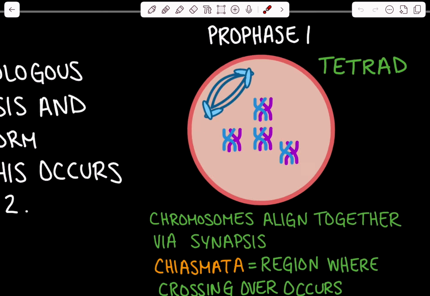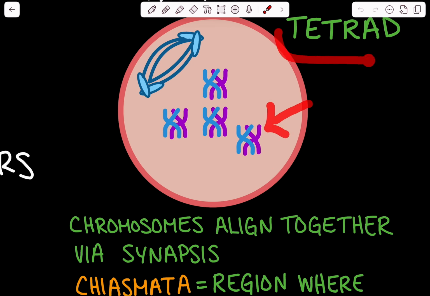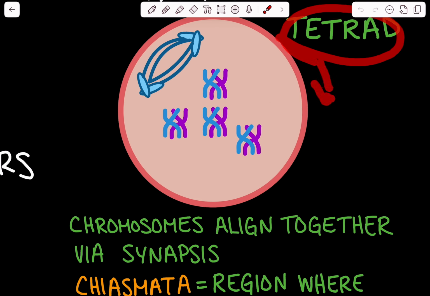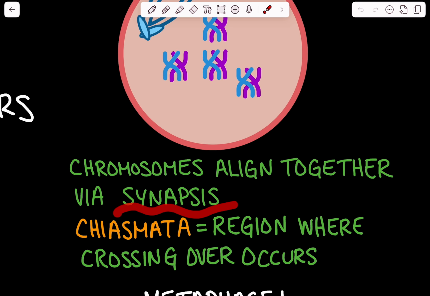And in prophase 1, the homologous chromosomes are going to come together and they form this unit referred to as a tetrad. Now, tetrad, think of tetra meaning 4 because there's 4 chromatids involved. For example, there's 2 blue chromatids and there's these 2 purple chromatids. So they interact with one another via a process known as synapsis.